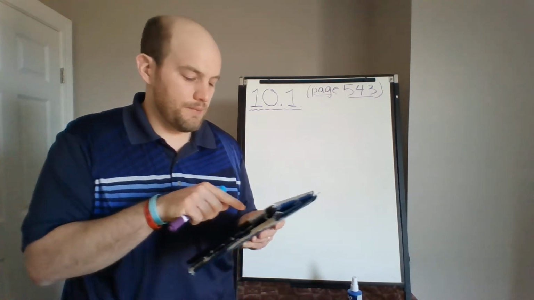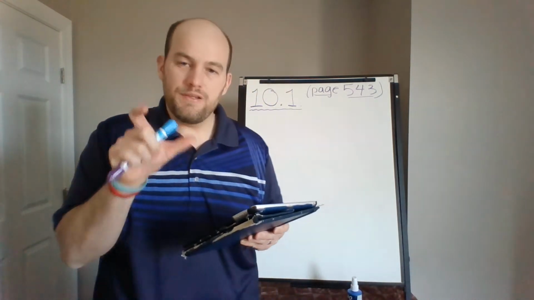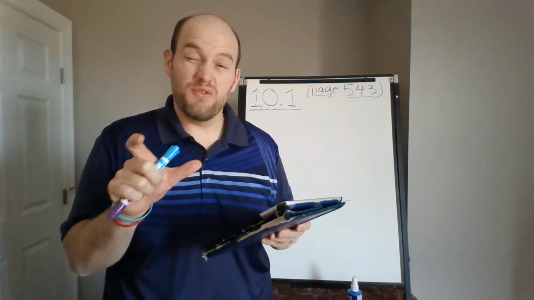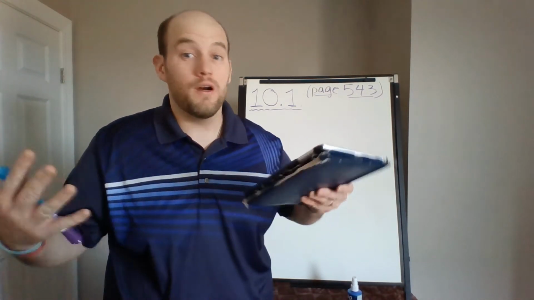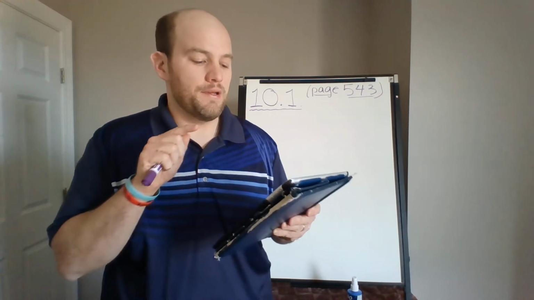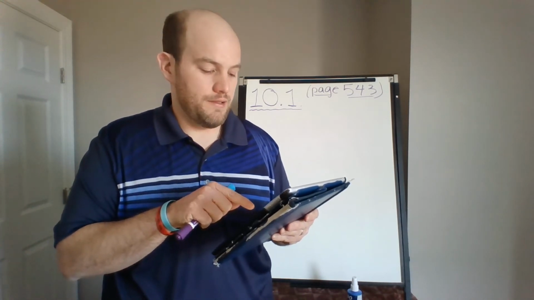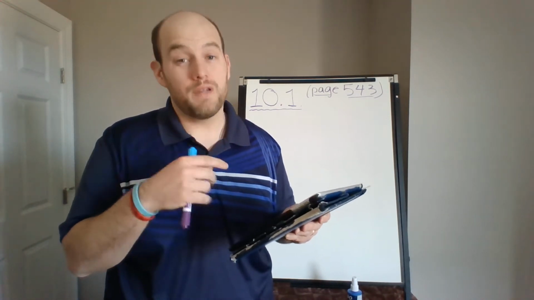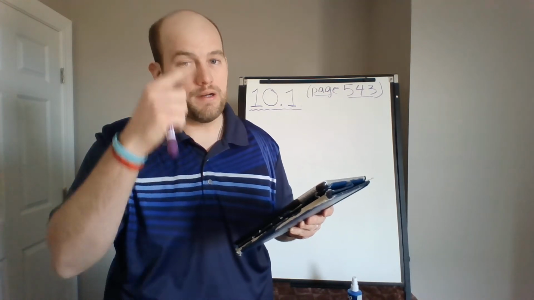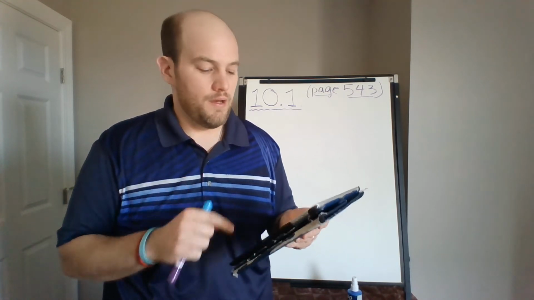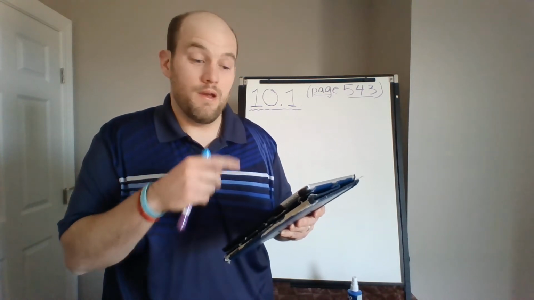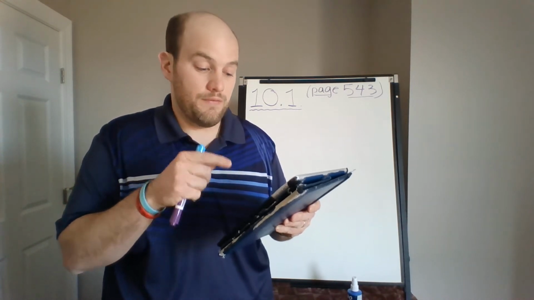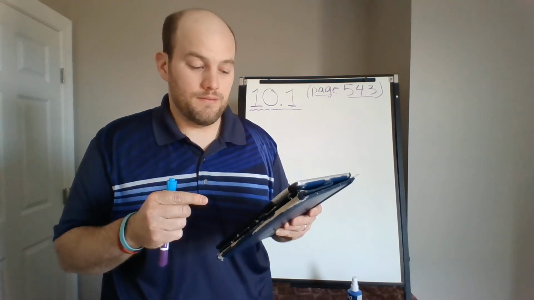If you look at the picture up there, you see the red bar that we usually use with our benchmark fractions. Well, we don't have those right now, because we're all in our own home. That's okay, but they have the picture there for us, that 4/4 would equal a whole. Remember, when the numerator equals the denominator, it equals a whole. Then you have that additional 1/4. So that would be 1, 2, 3, 4, 5/4.